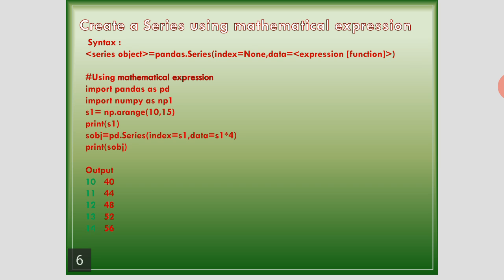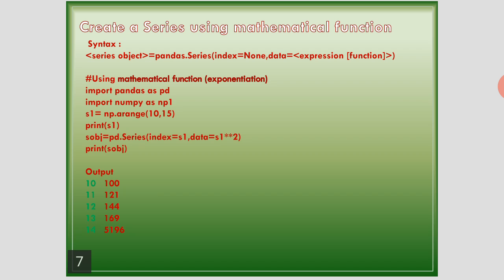On printing the sobj series, you can see that whatever is in s1, that is 10, 11, 12, 13, 14, means from the range 10 to 15, the values 10 to 14 are being displayed as the index, and the data is s1, whatever is the value of s1, that is being multiplied by 4 and displayed. So we can create a series using a mathematical expression also.